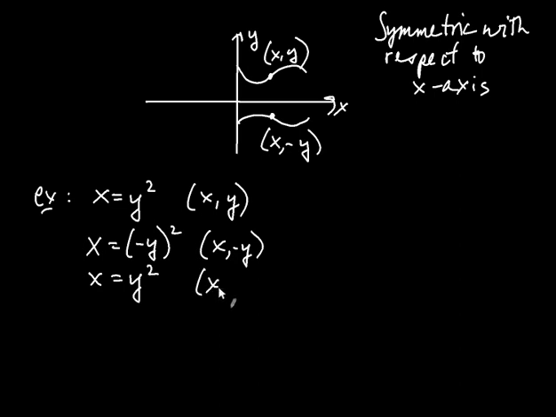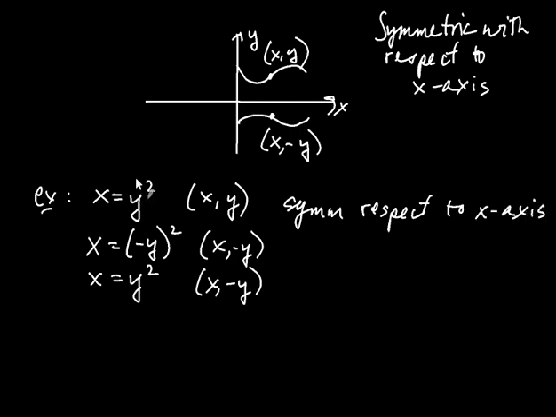So x negative y satisfies this, but that's also the same equation satisfied by x positive y. And because both xy and x negative y satisfy the same equation, that tells us that the graph of this is symmetric with respect to the x-axis.